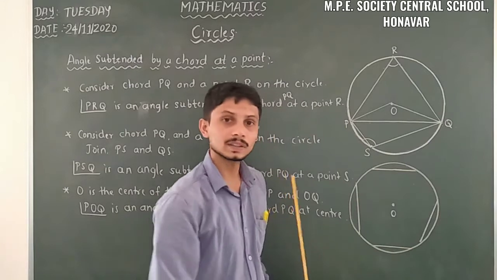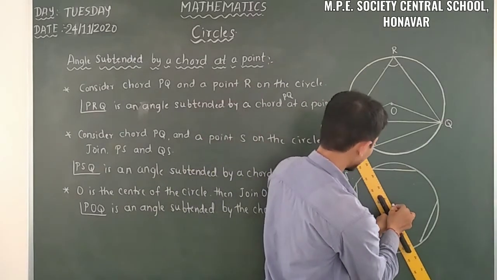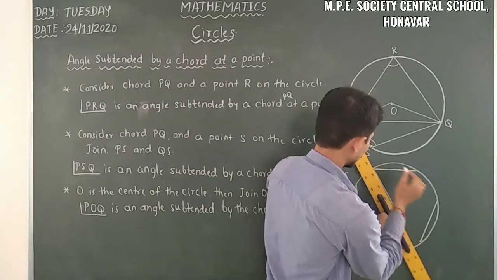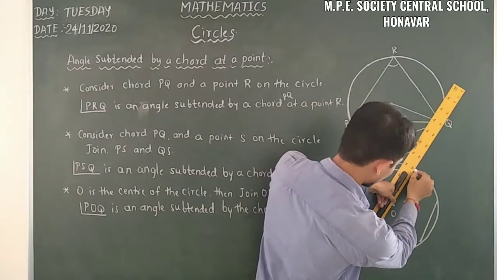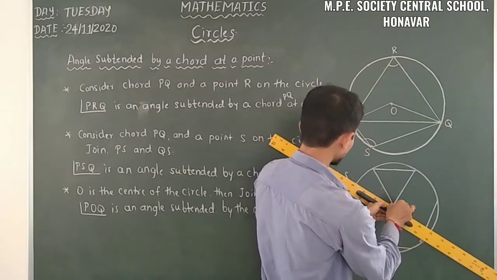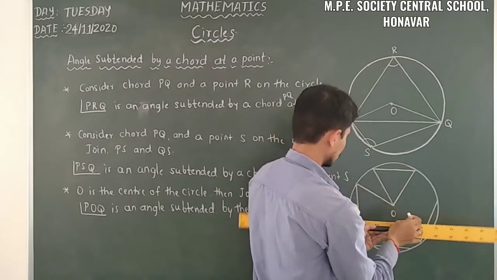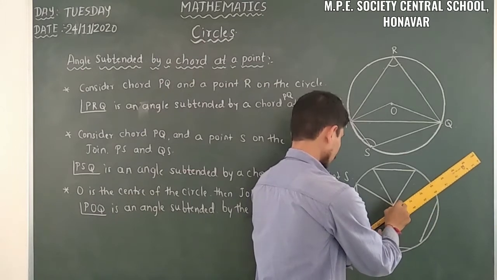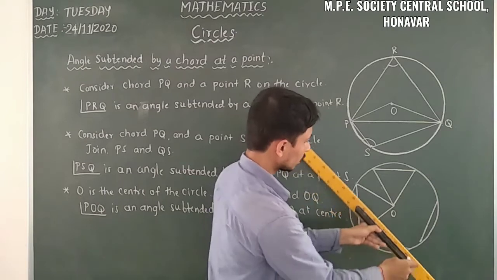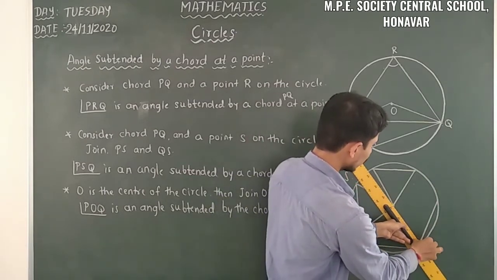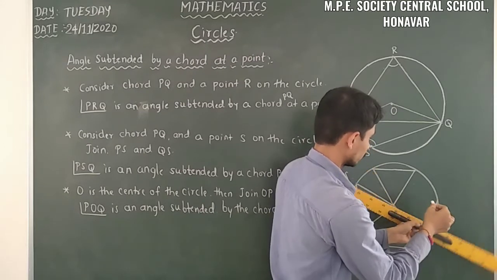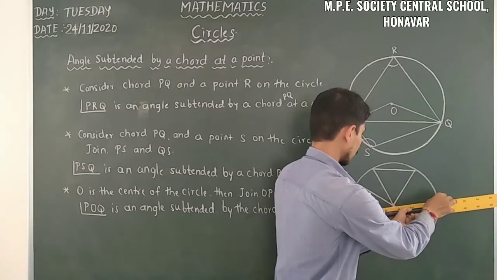Then we join them with the center. All are radii of the circle, so all are equal.